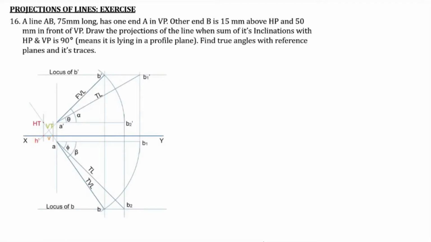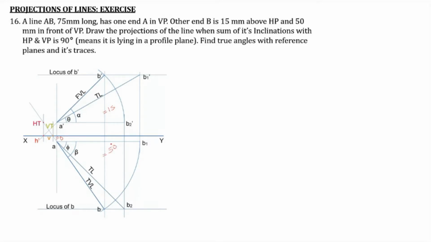So first we mark our dimensions in the base figure. It is said that end A is in VP, so this distance should be equal to 0. The other end B is 15 millimeter above HP, so this distance is 15, and 50 millimeter in front of VP, this distance is 50.